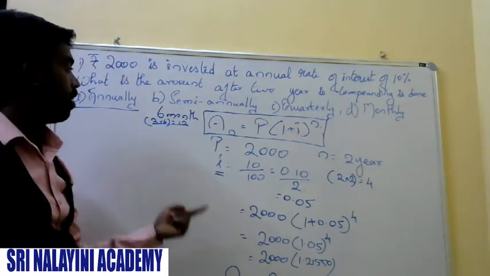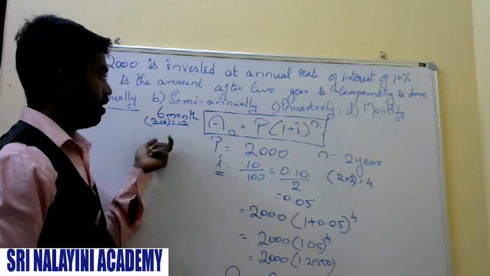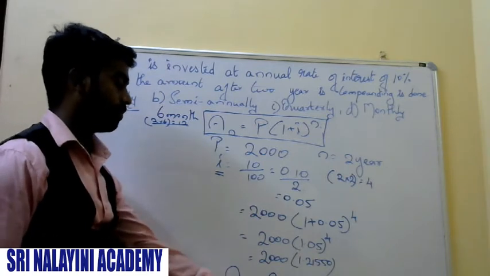This is the answer for semi-annually. See, for semi-annually you will get 2431.